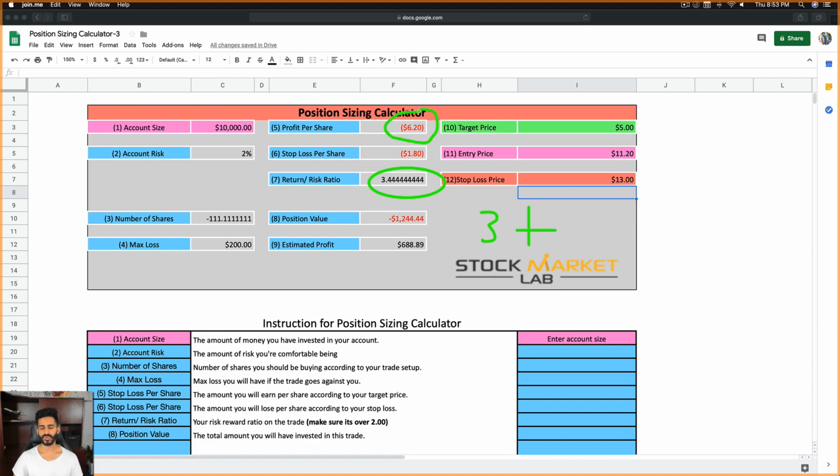We make $6.20. If we're wrong, we lose about $1.80. How many shares are we shorting? Negative 111. Since we're shorting, it's going to showcase negative. This is also going to be negative because, remember, we're shorting. And then if this is 2 or more, that's a good reward to risk ratio, and that's giving us a phenomenal trade right there.